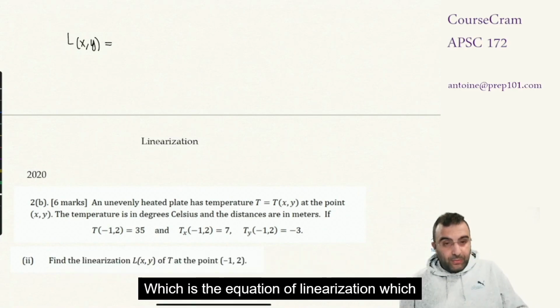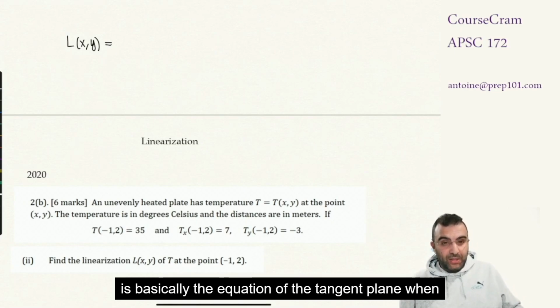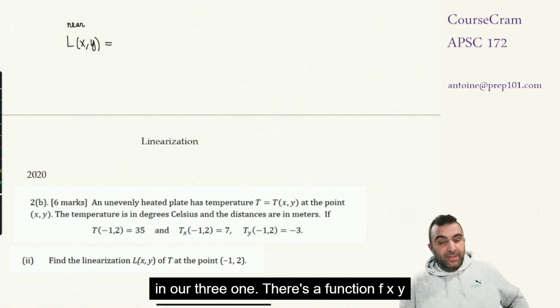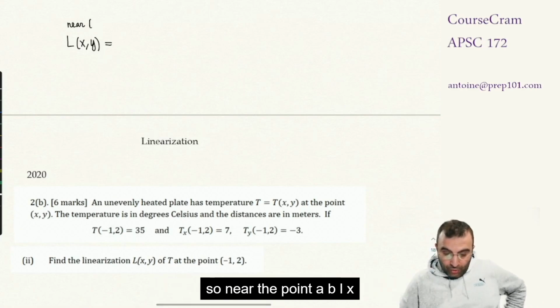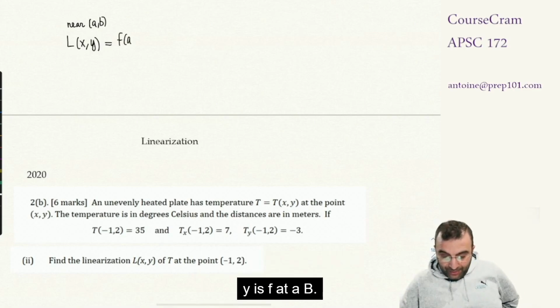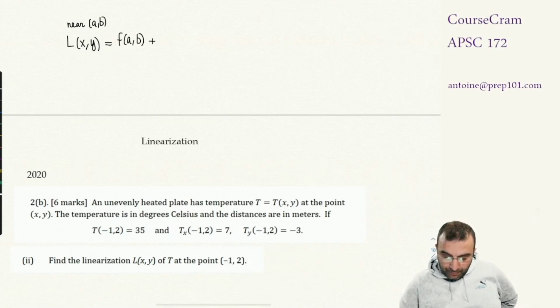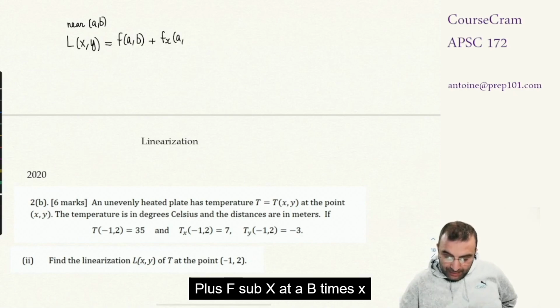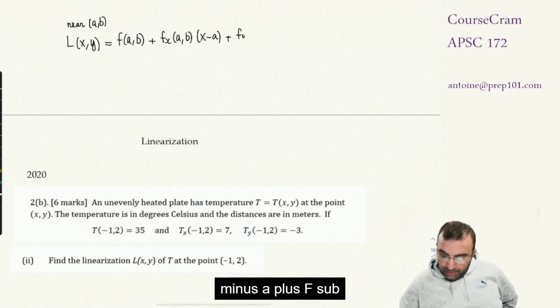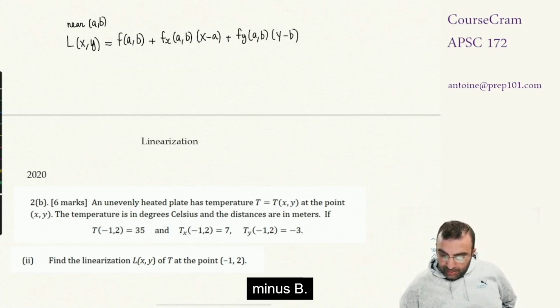L(x,y), the equation of linearization, is basically the equation of the tangent plane when we are in R3, when there's a function f(x,y). So near the point (a,b), L(x,y) is f at (a,b) plus f sub x at (a,b) times x minus a plus f sub y at (a,b) times y minus b.